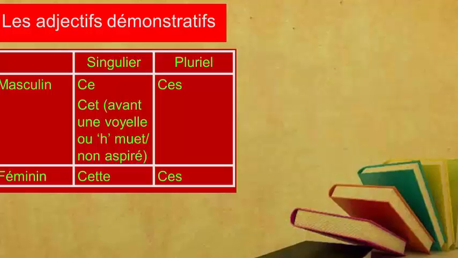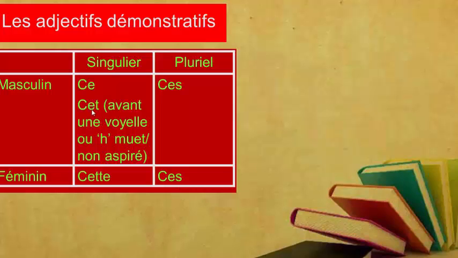Let's begin with ce, it means this, pour le masculin singulier. Cette pour le féminin singulier. And we have ces, we use it for plural words. I want to say this boy, ce garçon, this girl, cette fille, these children, ces enfants. Okay?